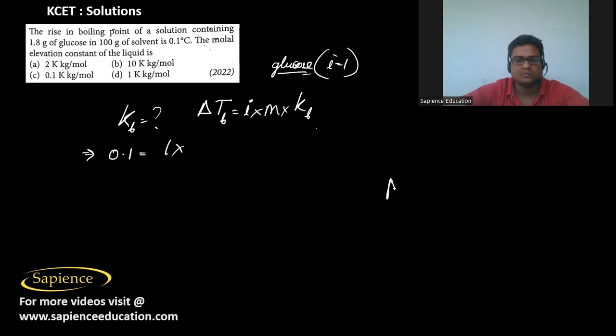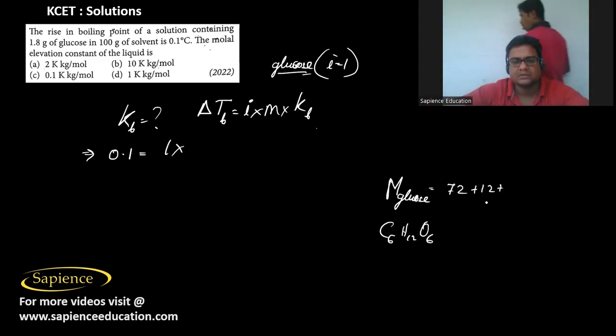Now the molar mass of glucose: we know it is C6H12O6. So C6 means 12 times 6 is 72, plus 12, plus 16 times 6 is 96. So 72 plus 12 plus 96 gives 180 gram per mole. It is the molar mass of glucose.